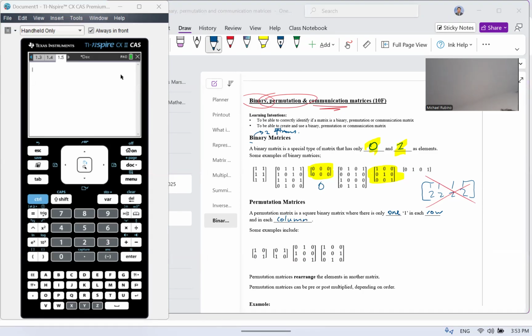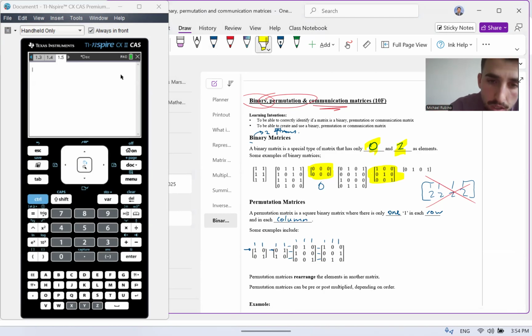In each row, there is only one 1. Then if we look at columns, there is only one 1 in each column. They do not have 2 1s in a row or in a column. So that is what a permutation matrix looks like.